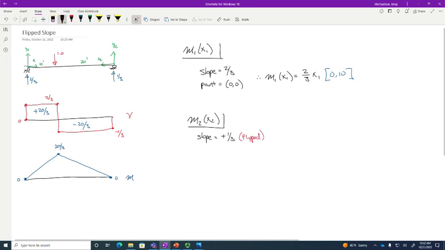But here's the cool part. What's our point? What are the coordinates of this point right here? If we're talking about that coordinate system, 0, 0. So now m2 is 1/3 x2, and the limits are from 0 to 20.